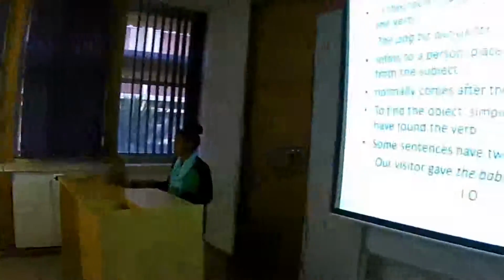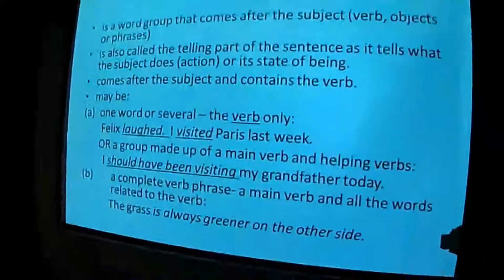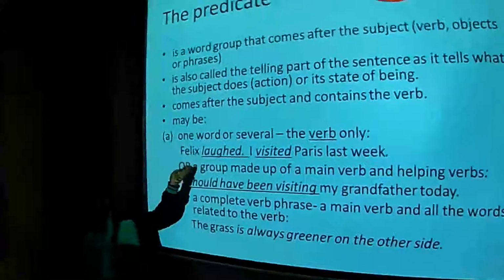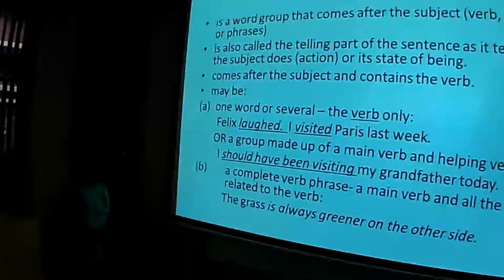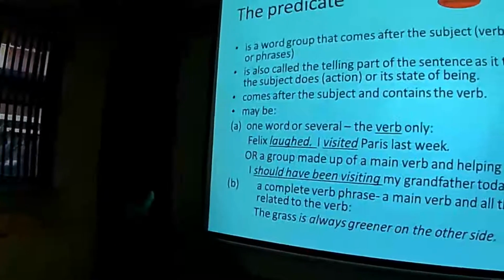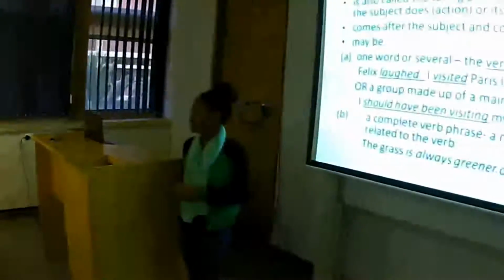Okay, let's move on to the predicate. As we said, the predicate is the rest of the sentence. Alright? So, what is the predicate in this sentence? Felix laughed. I visited Paris last week. Felix.